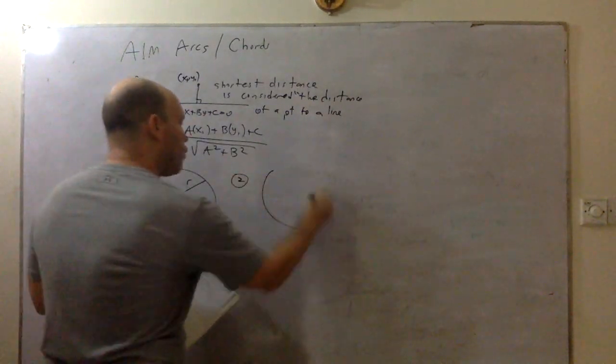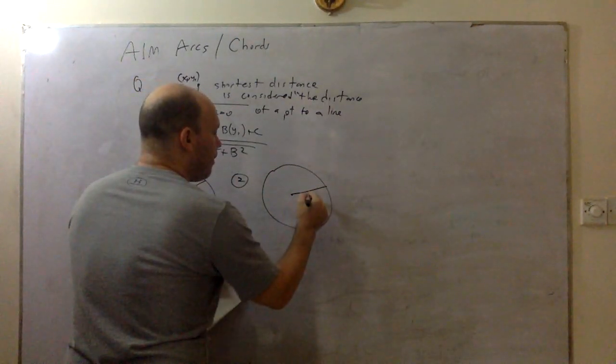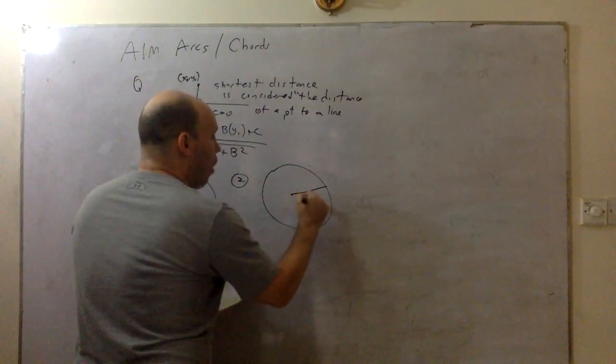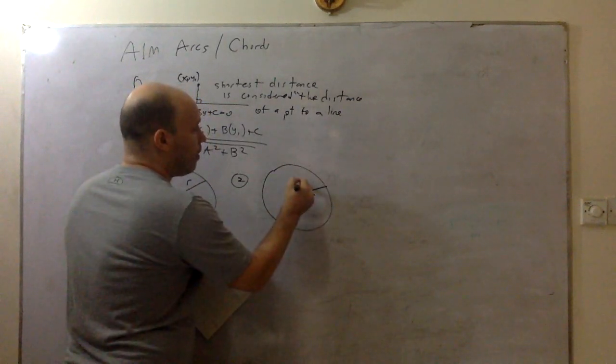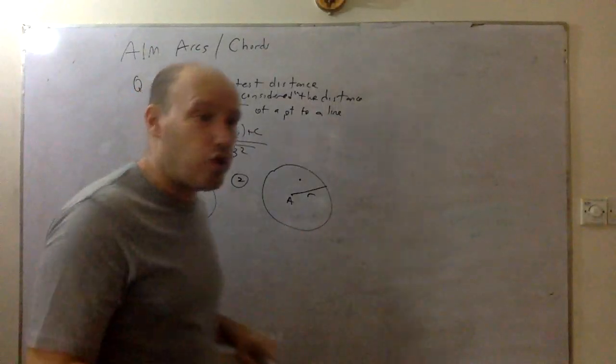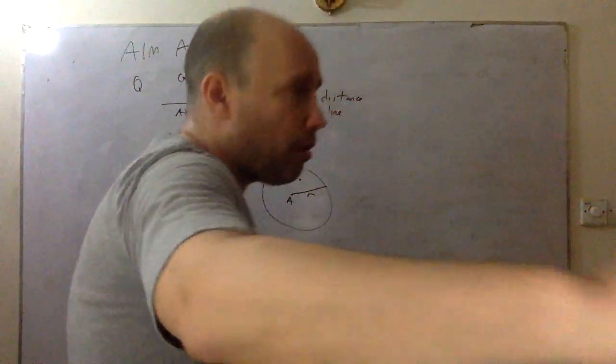Interesting. So here's a circle. Now let's call this distance r, right? So let's call this center A. Here's a point B, right? And so you say, well, what's the distance? Well, you figure it out.